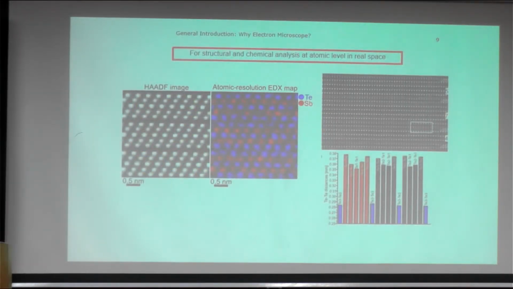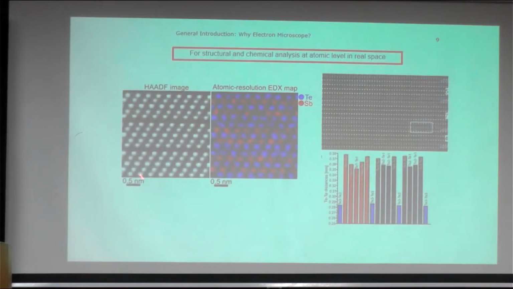Also, we use TEM, transmission electron microscopy, for structural and chemical analysis at atomic level in real space and in one setup. This is an example of antimony telluride. Here you can see the real structure directly. This is antimony, these are antimony columns. This is tellurium.